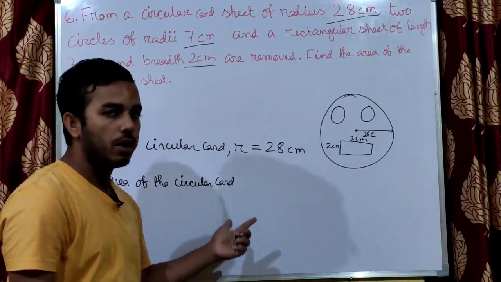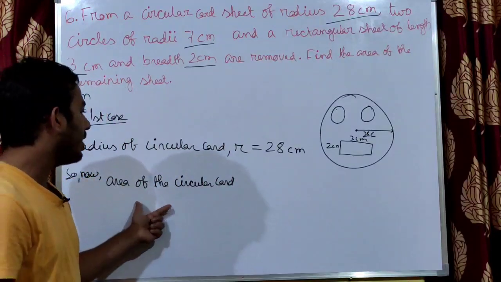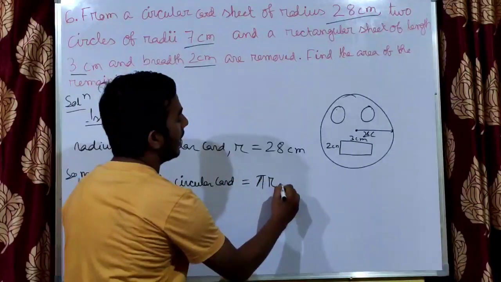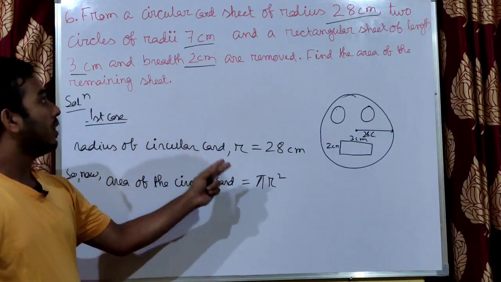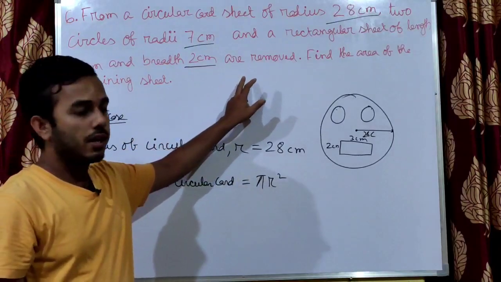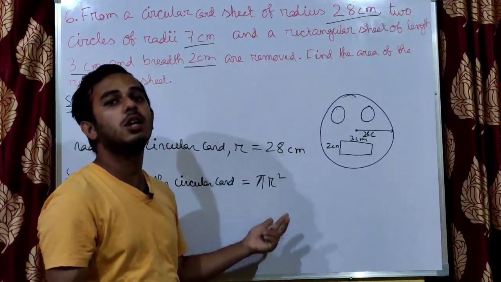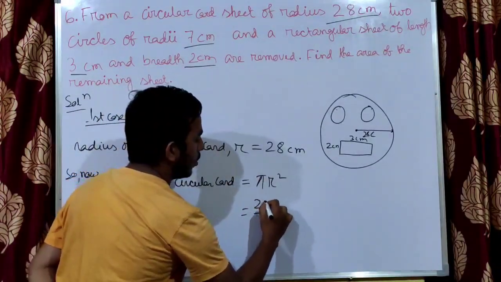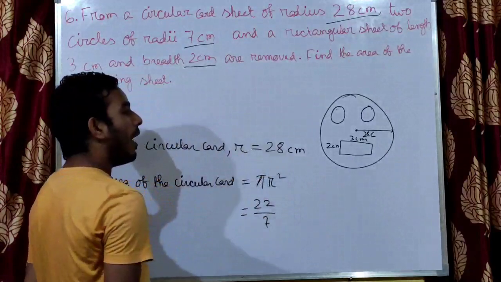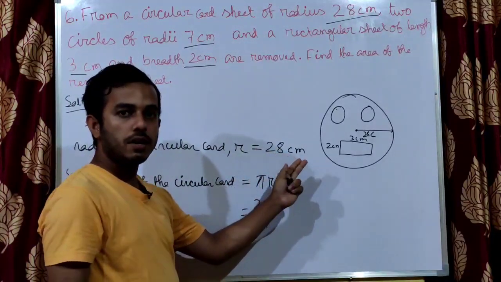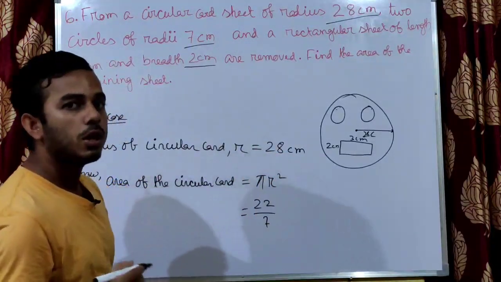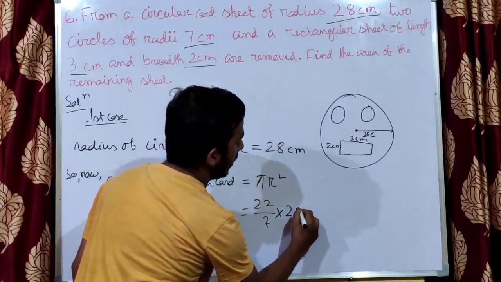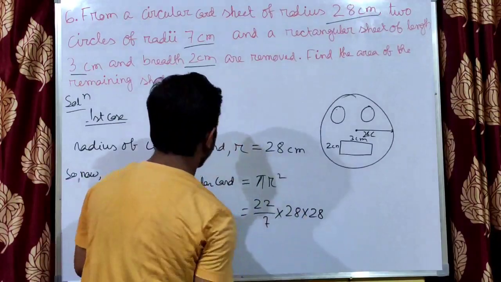So we will use this formula in finding the area of the card. Area of the circular card equals pi r square. There is nothing given about pi, so we will use the value of pi as 22/7. So pi equals 22/7, and in place of r, we will write 28. 28 square means 28 into 28.